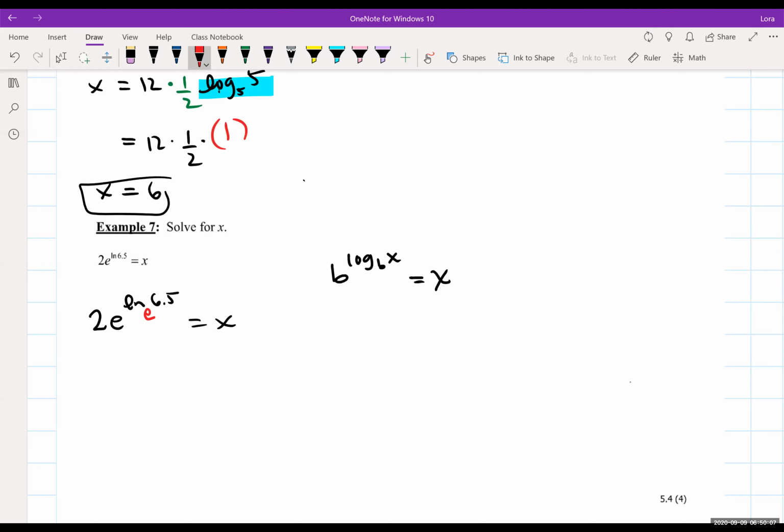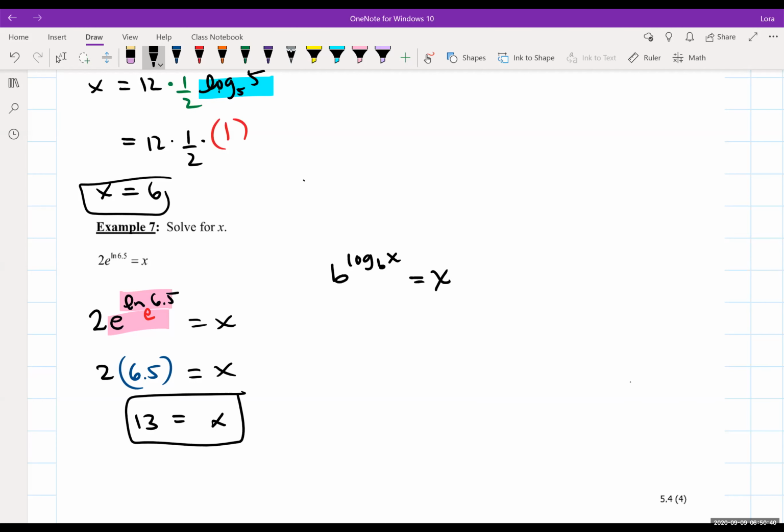And now I see right away, all of this will be replaced with just the argument, which is 6.5. So there's still the fact that there was a 2 that's multiplied to that entire statement. So 2 times 6.5, that is going to leave us with 13. So that is 13.